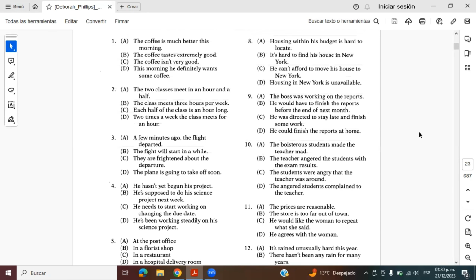It's difficult to find affordable housing in New York. What does the man mean? Number 9. Why were you so late in getting home from work? My boss had me finish all the month-end reports. What does the man mean?